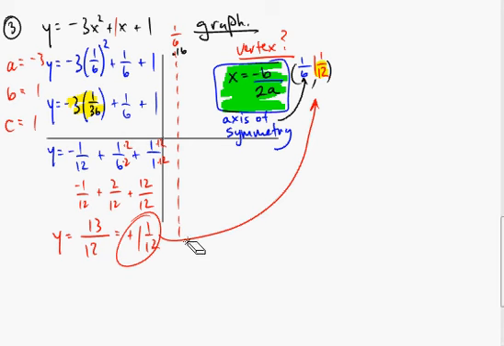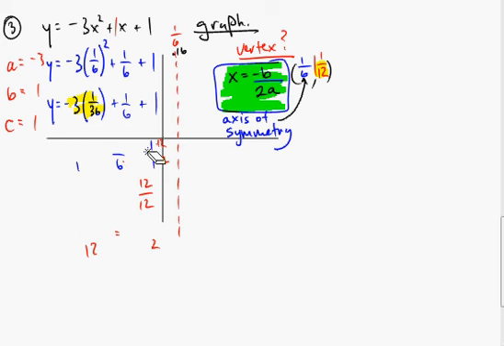So the vertex is up here at positive 1 and 1/12, right there. You don't even have to graph the rest of it to pick the right answer here. It's between B and C. Which one is it? C, good, because on B the vertex is down here. So the answer to this is C, which is number 3.